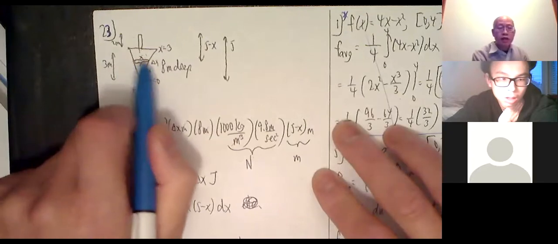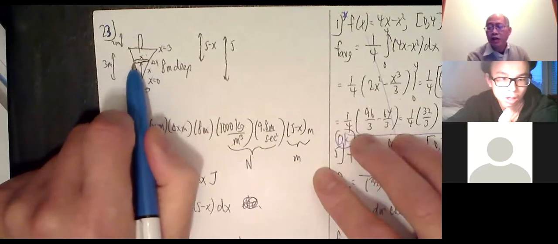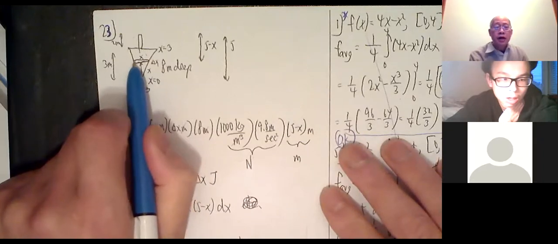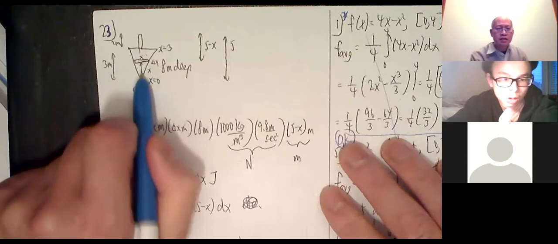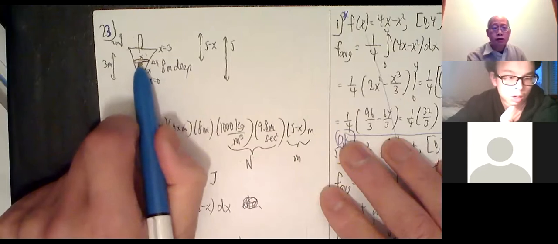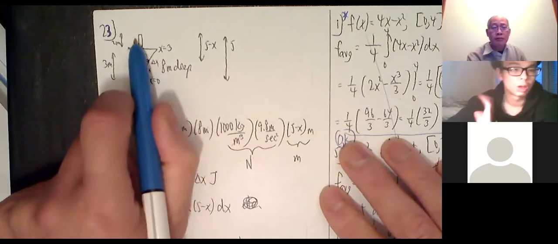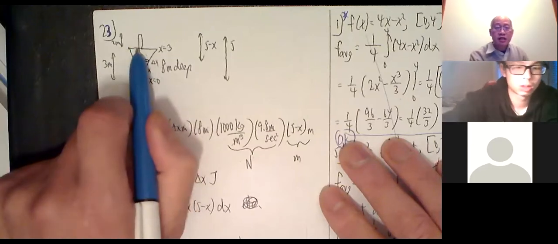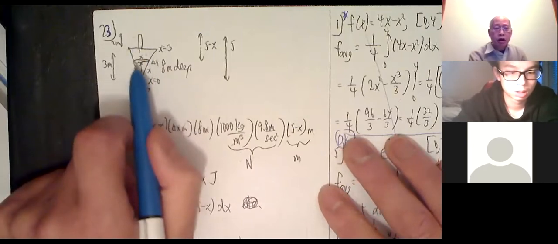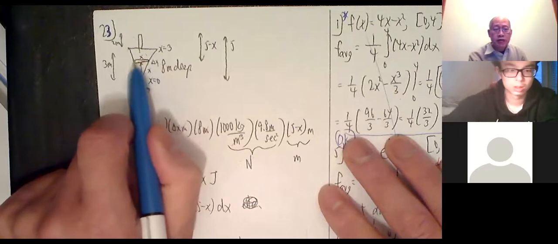So here's my cross-sectional slice. So this is kind of like the aquarium problem. Remember we did the aquarium problem? I will slice like this. Now you might say, how do you know to slice this way and how come I don't slice this way? Because if I slice this way, all the water molecules are traveling the same distance up the spout. If I slice it the other way, then all the water molecules are not traveling the same amount.